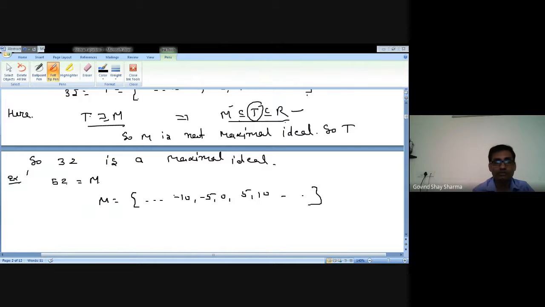We cannot find any other ideal which contains M, other than R itself. So M is maximal.